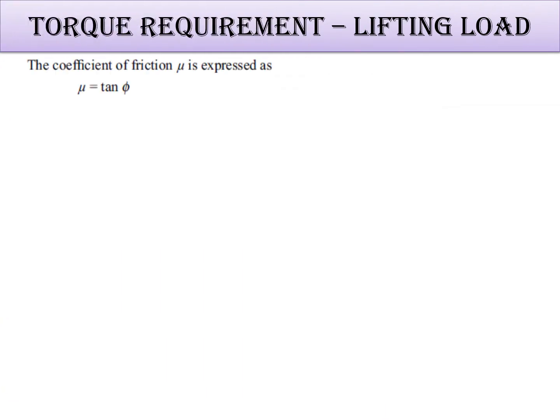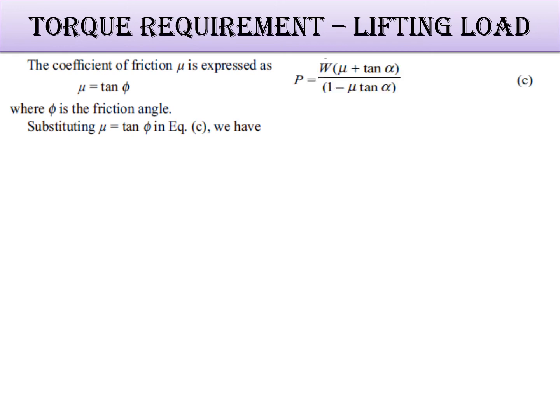When the coefficient of friction mu is expressed as mu equal to tan of phi, at that time this equation can be changed. What was the equation? Just see, mu plus tan of alpha divided by 1 minus mu tan of alpha.